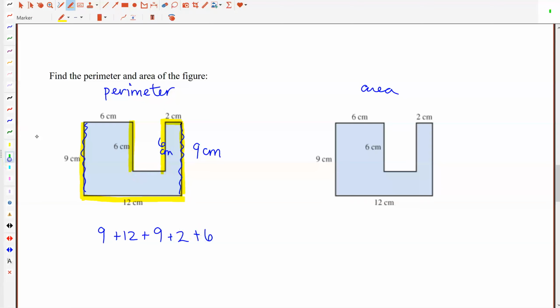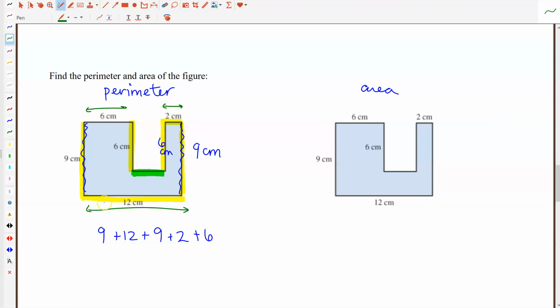Now the next piece I hit would be this one. So how big is that? So here's where we're going to use the other pieces of information I was given. If I know that this is 12 centimeters from edge to edge, and up here on this top portion I've accounted for 6 right here and 2 right here, across the top also has to be 12 centimeters.